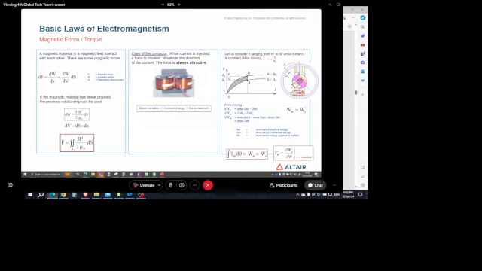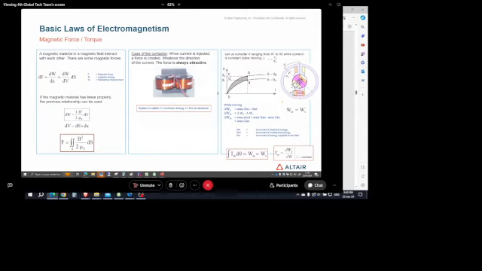Same thing if I supply the tooth on the stator, and I do not supply the rotor. In this case, I will feel the same thing. If I move the rotor, I will feel this torque that tends to move the rotor back in order to stabilize it and minimize the magnetic energy.